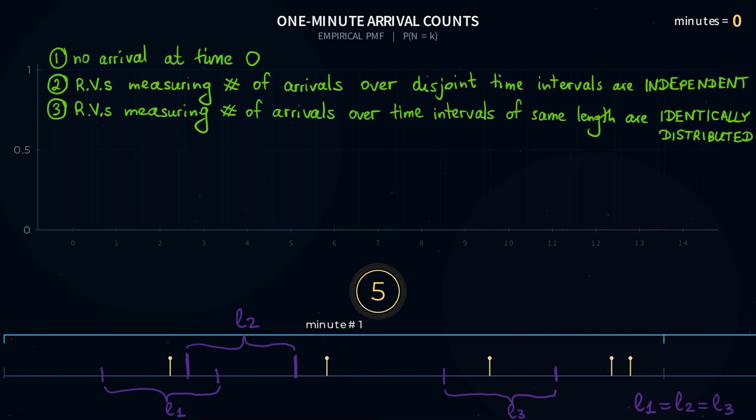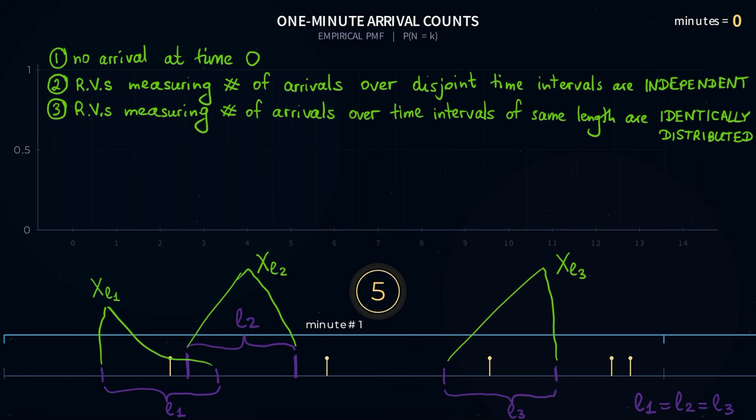So there's a random variable measuring the number of arrivals over the first interval. We can call it X with an index of L1. There's a random variable that measures the number of arrivals over interval L2. We can call that X with an index of L2. And this one here is a random variable called X with an index of L3.